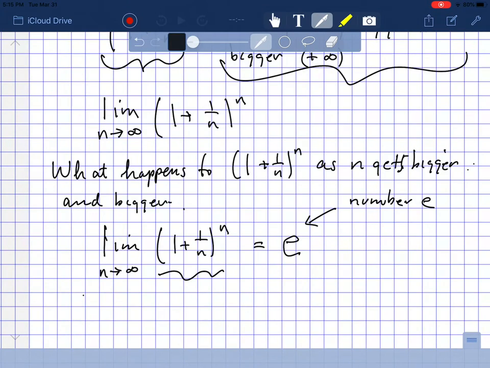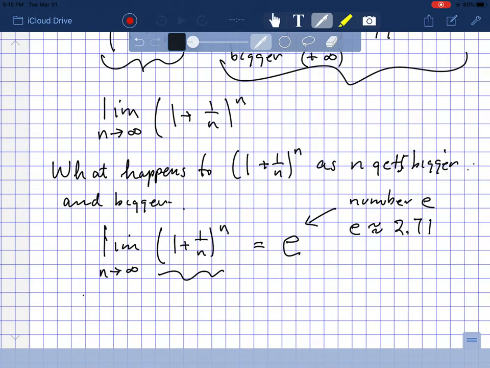You can't write down e exactly, but what I can tell you is e is approximately 2.71. You can take your calculator and press the E button, and you'll get this to maybe 12 digits or something like that. So what's going on here?